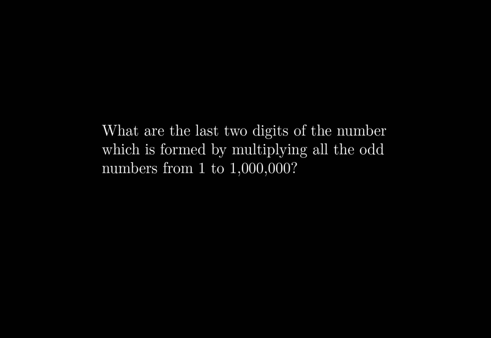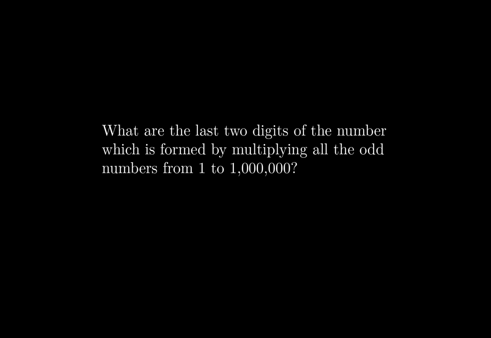No, this is a question. This really boils down to multiplying numbers together and taking a mod by mod of 100. Will there be an easy way to do this?